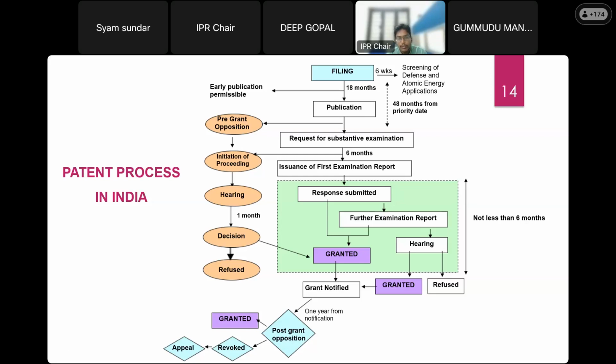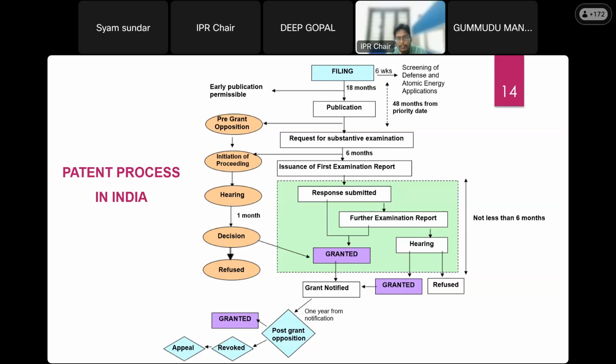So if you are an Indian resident, you can take the permission, and within 21 days the patent office will give a reply, and without filing a patent application in India, you can directly file in the US or any other country in the world. Or else there is another option: you can file in India and wait for 6 weeks, and after that you can file in any other country. So these are two options.